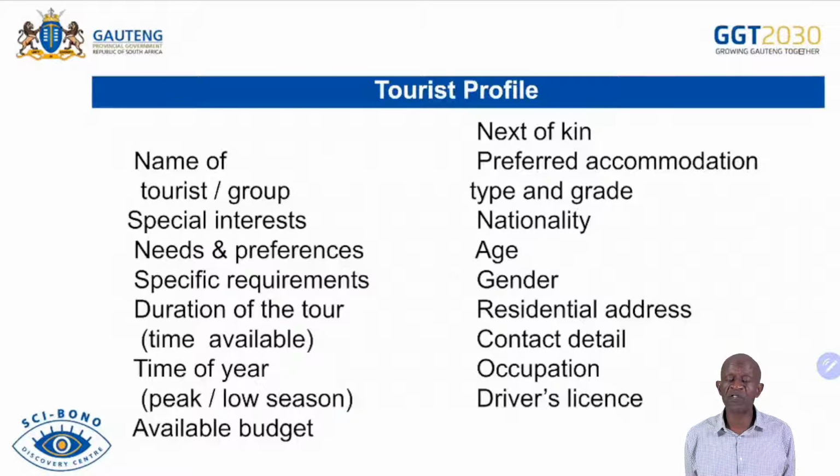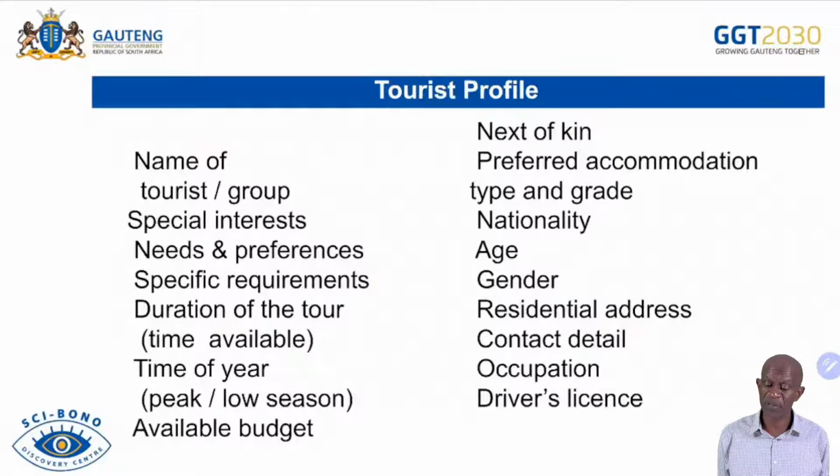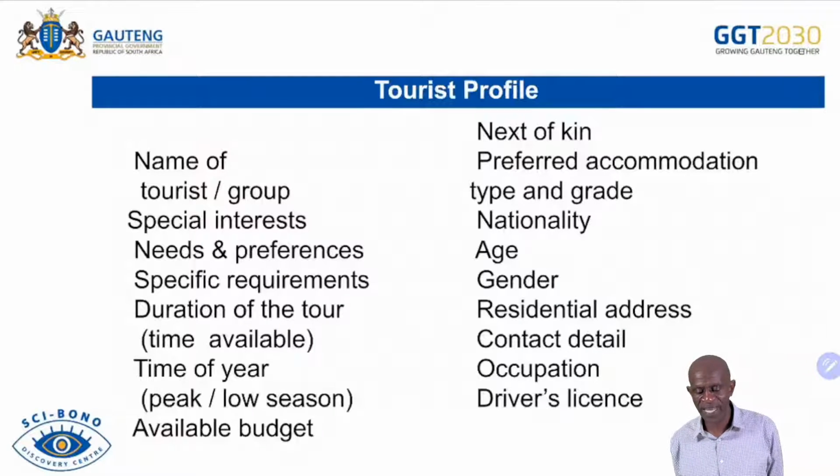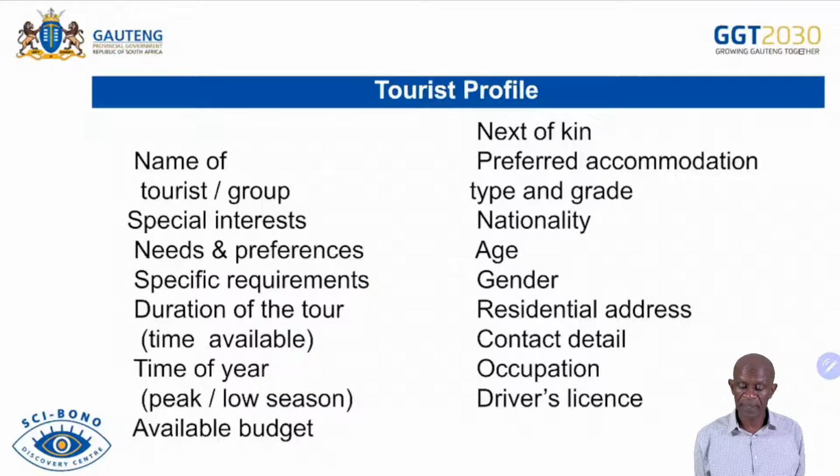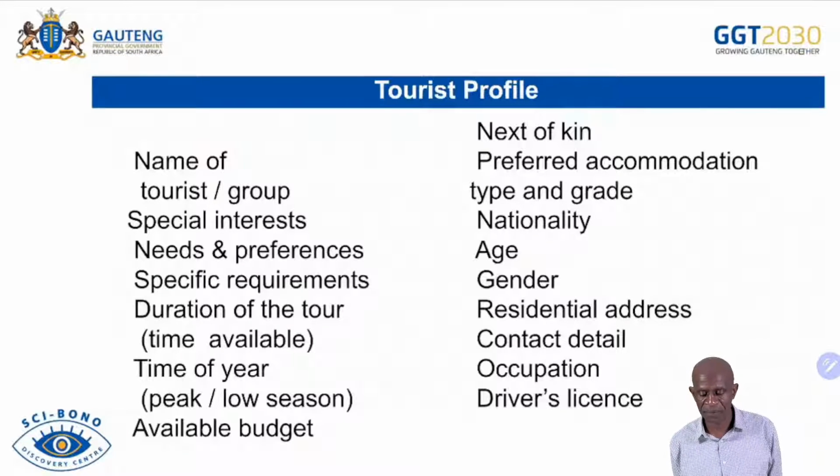In the tourist profile, you should also include the next of kin. The next of kin, in case there are any eventualities during the tour, you'll be able to contact their next of kin or their relatives.